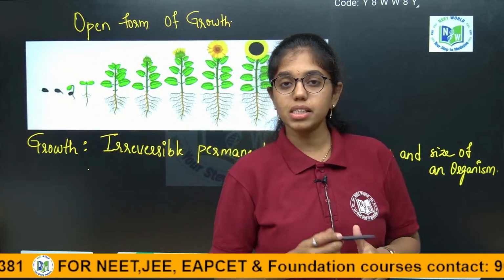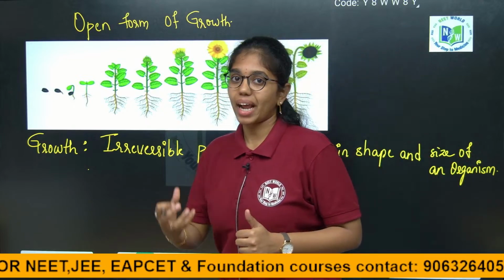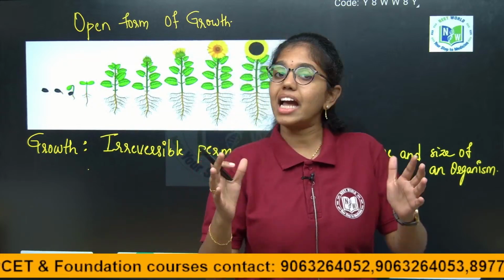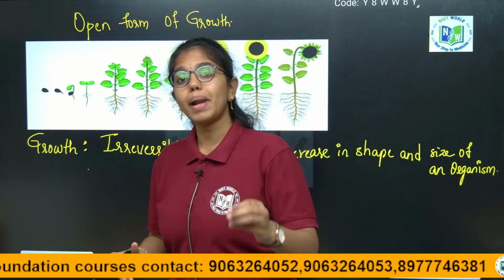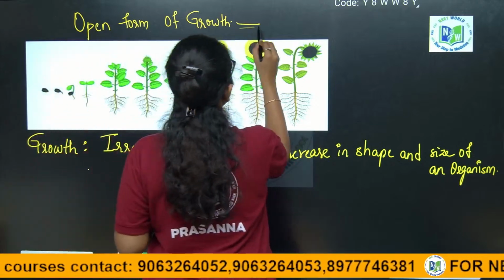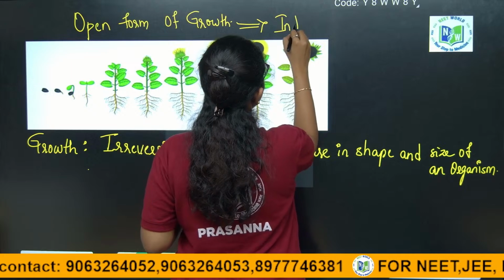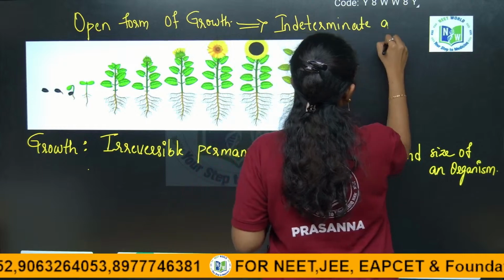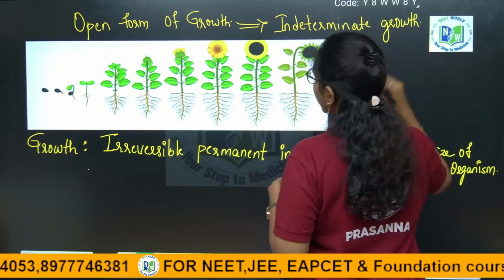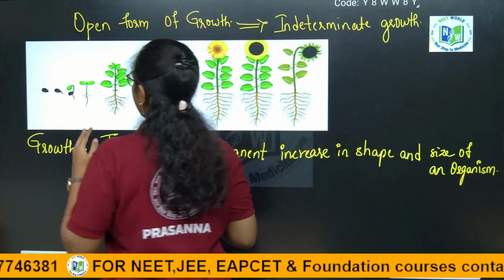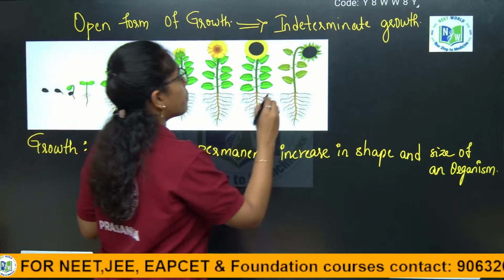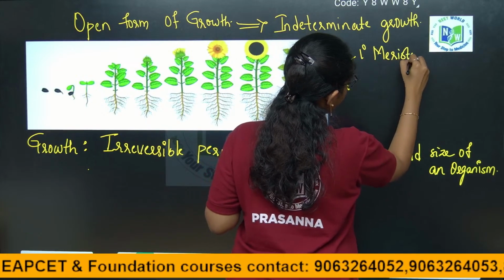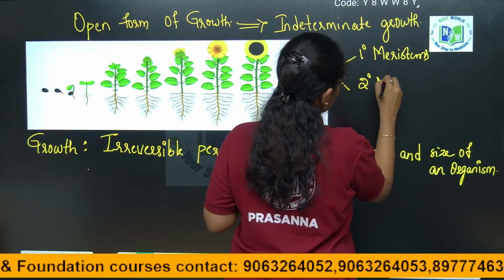One is primary meristems, which build the primary plant body, and second are secondary meristems, which increase the girth and size of the plant, whereby the plant will show indeterminate growth, where growth is seen throughout their life. This is because of primary and secondary meristems.